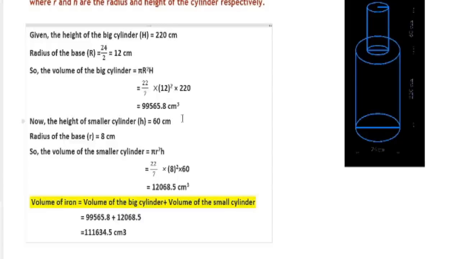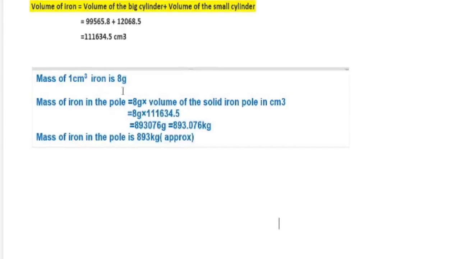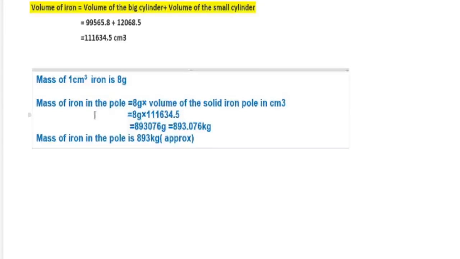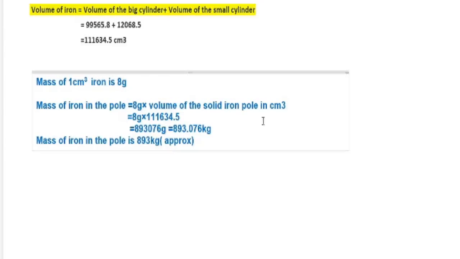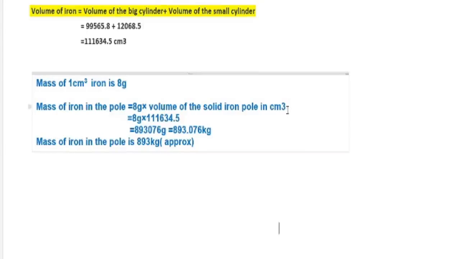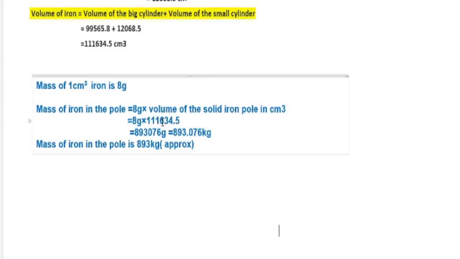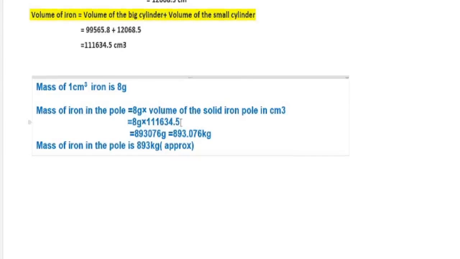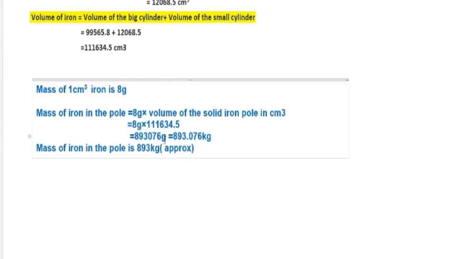Now we find out the mass of iron in the pole. The mass of 1 centimeter cube of iron is 8 gram. So mass of iron in the pole equal to 8 gram into volume of the solid iron pole in centimeter cube. Now 8 into 111634.5, you will get 893076 gram.